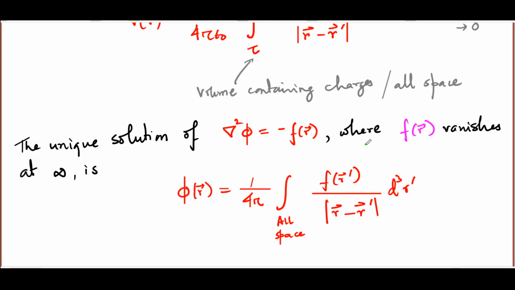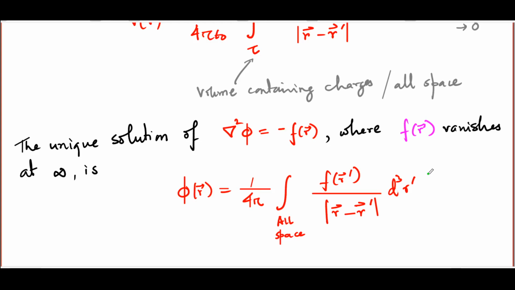For example, if f actually went as 1 over r prime, then when you are infinitely far away, this quantity will essentially look like an integral of 1 over r prime square over d cube r prime.